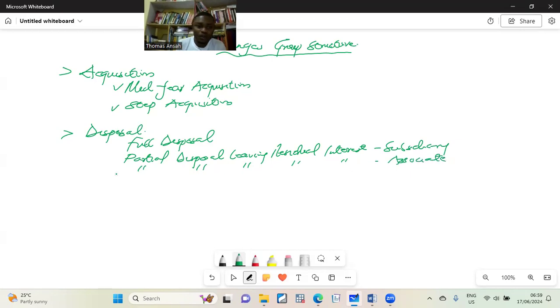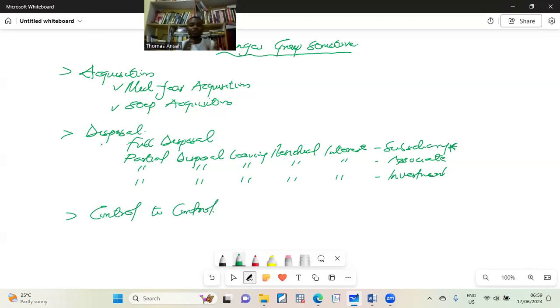And we have another one that will still give you IFRS 9, an investment. So that is that. We will tackle this particular one under what we call control to control. All right, so we will do that. Control to control.